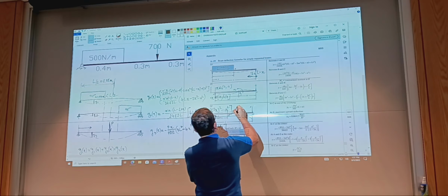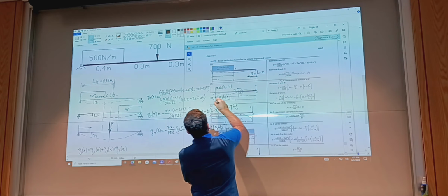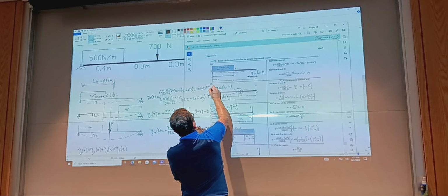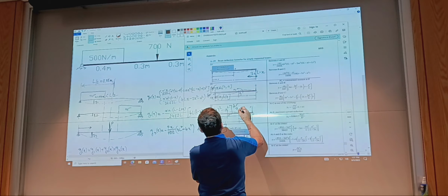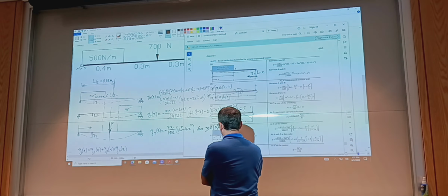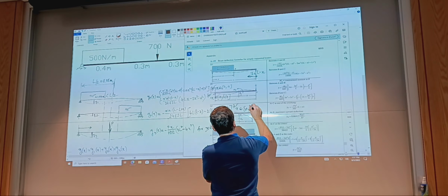And this is for x, likewise, going between 0 and L over 2.